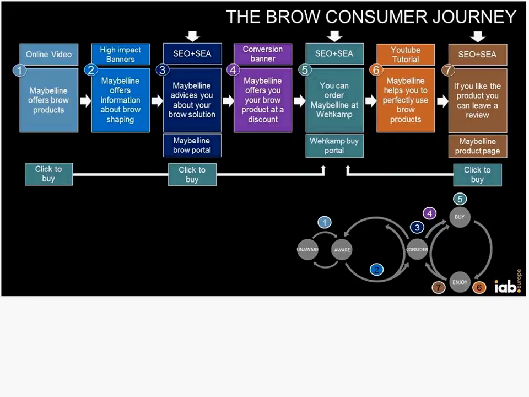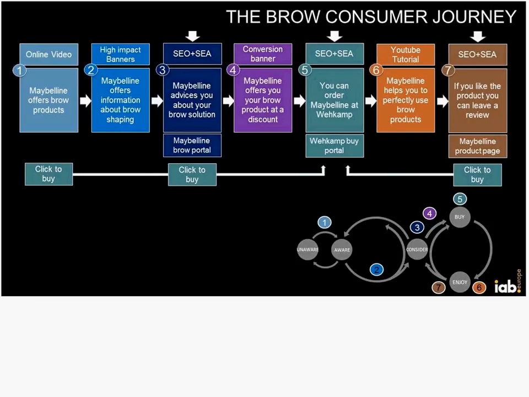And after you've purchased the product, Maybelline can also help you to use the brow product in a perfect way to get the perfect result. And if you're satisfied with the product, you can leave a review on Maybelline's website.